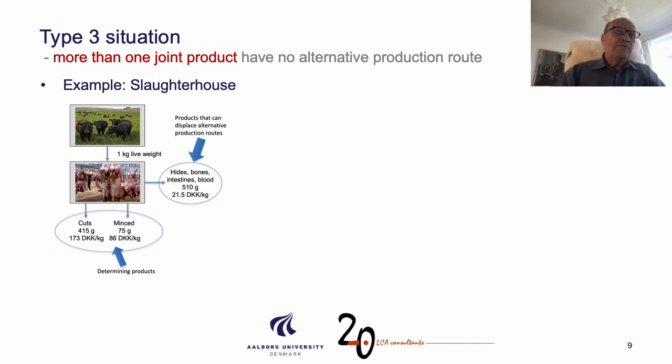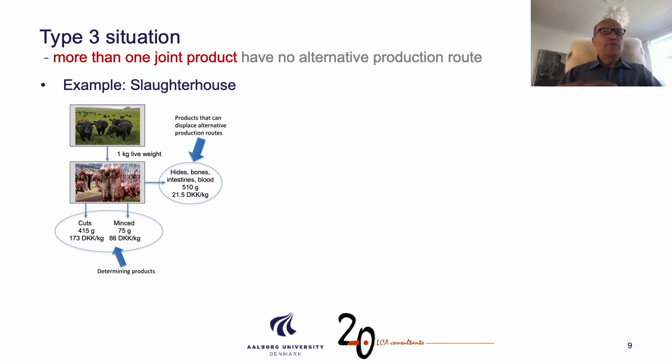A slaughterhouse has cattle live weight as input, and as output it has cuts of meat, and the rest is minced meat. Then of course you also have some hides and bones, intestines and blood products that we could say we know how to deal with, because these are typical byproducts that have other uses, all with alternative production routes.